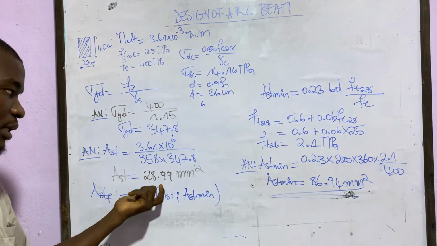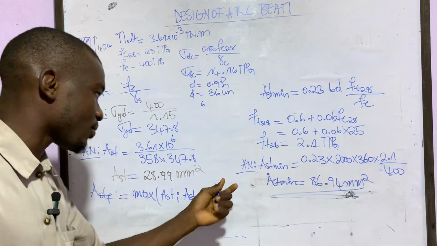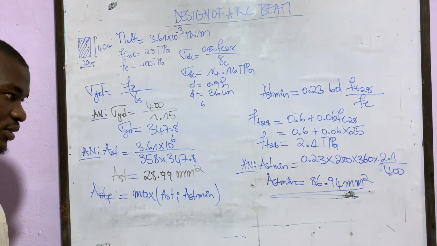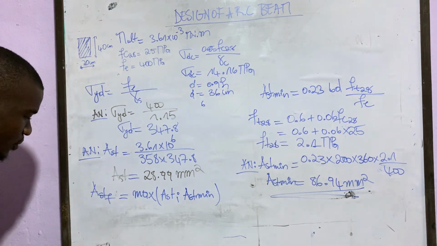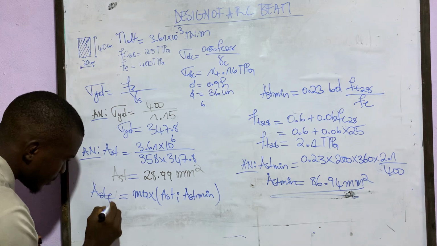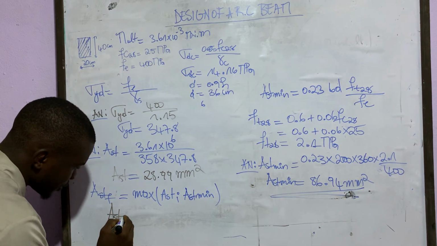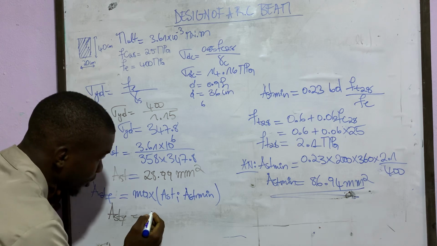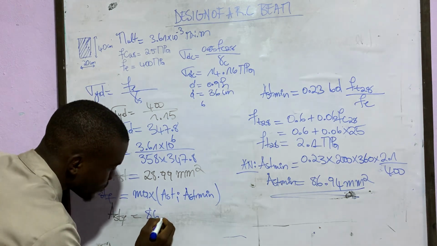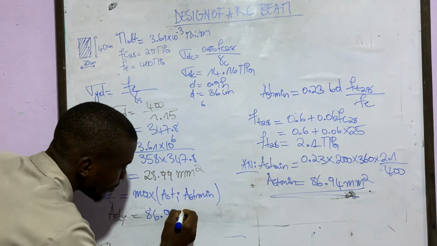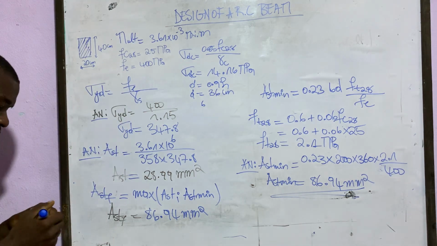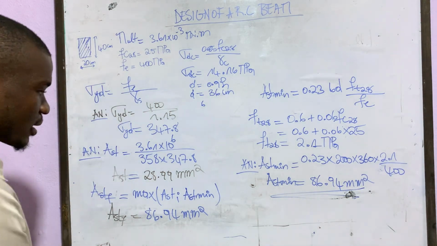Simply cross-checking the two answers, we can realize that AST mean is greater than AST. So the AST final, the area of steel in tension that we are going to use, will be simply equal to 86.94 millimeter square. It's an area, so it's in millimeter square.